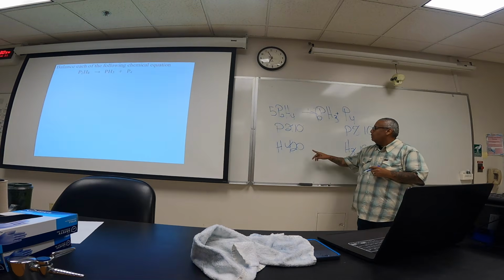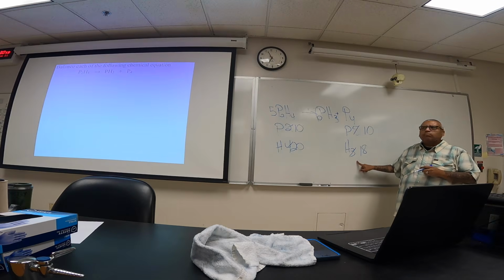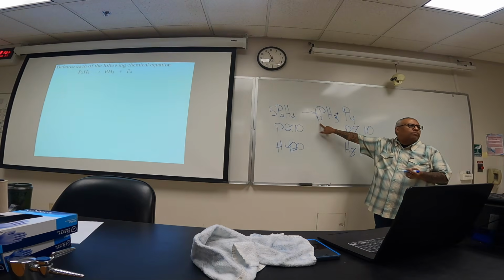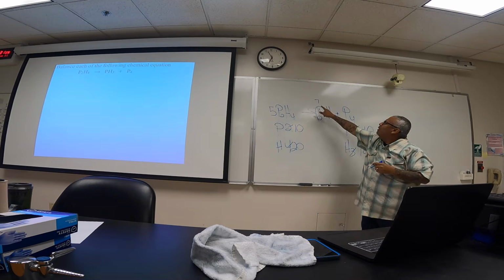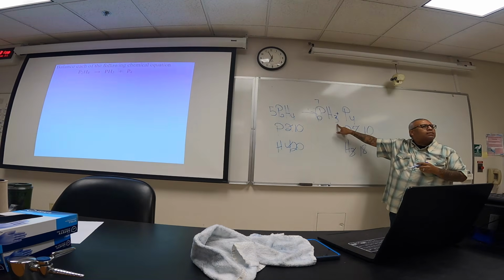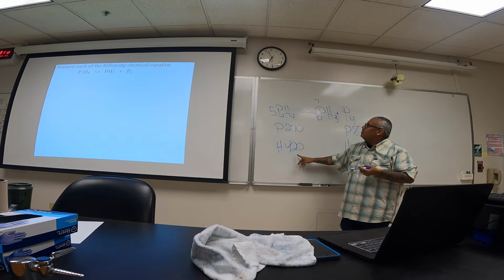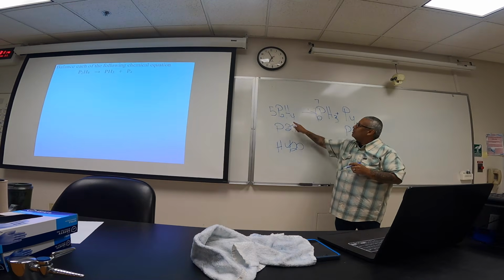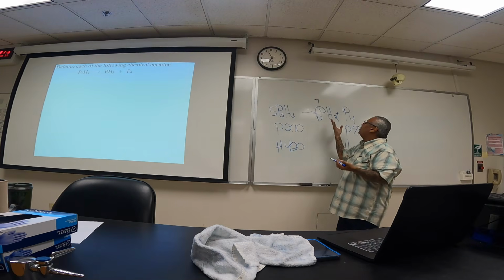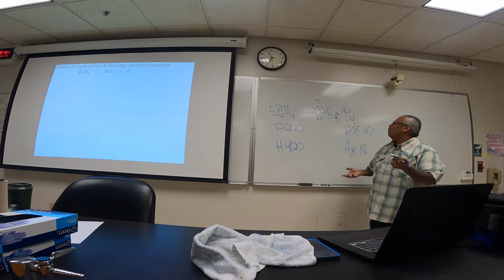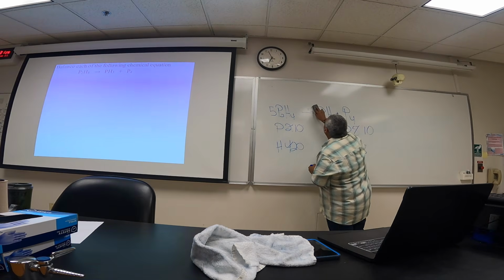I need more hydrogen over here, which means 6 isn't going to work for me. If I do 7, 7 times 3 is 21. I'm a bit over by 1. And this is where we have to do some thinking, because I need this in multiples of 4. So 7 really isn't going to work for me. So let's try 8.